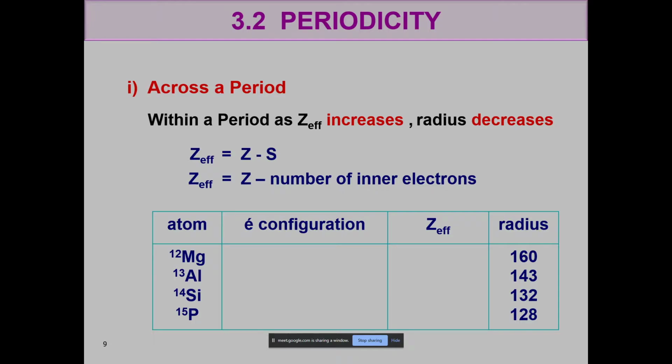Okay, diorang not actually have the Z effective yang amount yang kita bagilah. Okay, cara nak kira Z effective is Z is the proton number, and S is the effective nuclear charge constant.